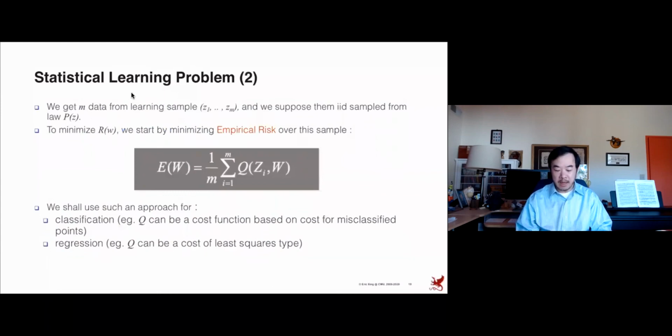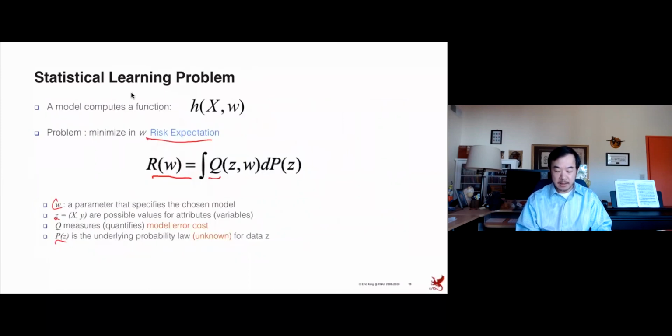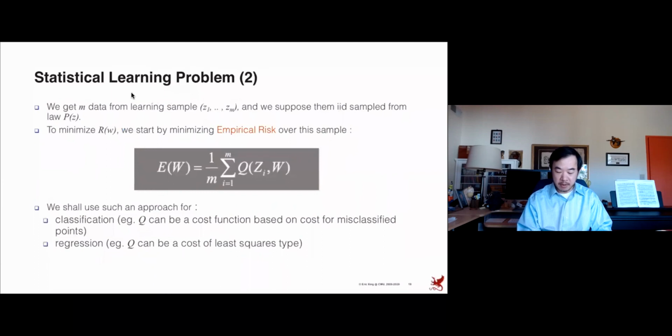Therefore, we have to replace that risk expectation by what we call the empirical risk, where we basically just count on the training examples the cost paid for those mistakes, right? And that points us to the way of training the W, or the hypothesis, right?